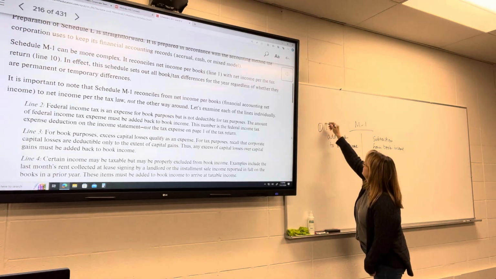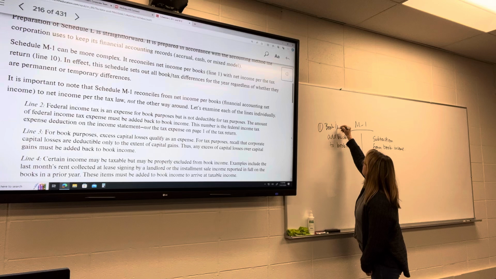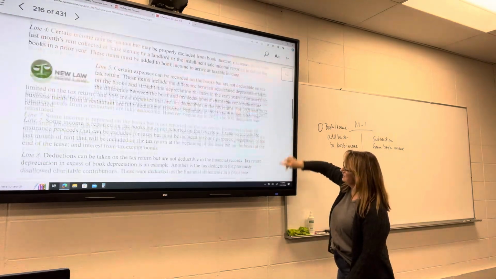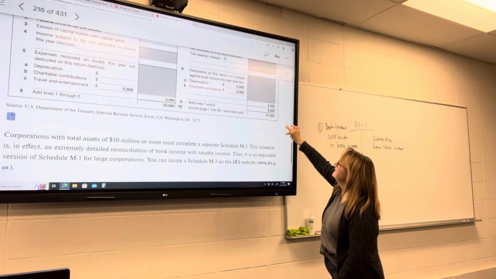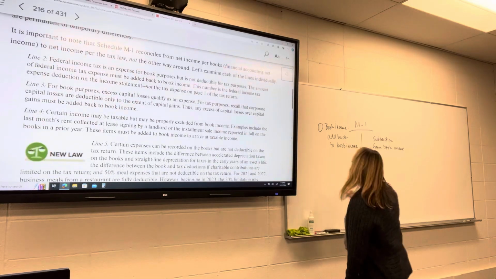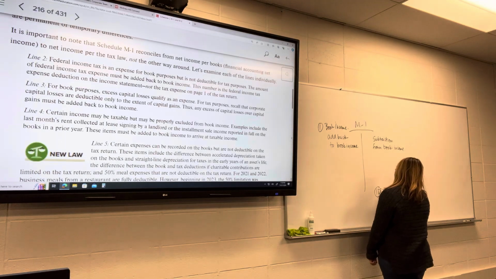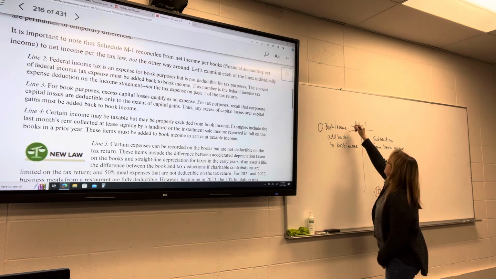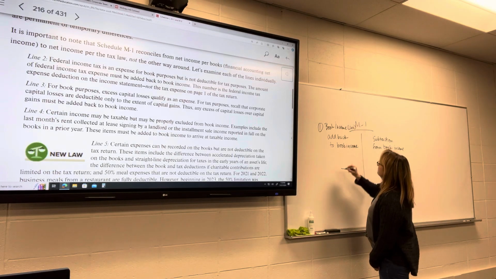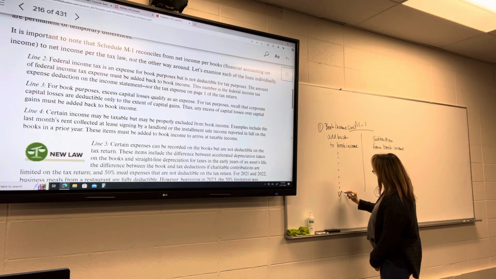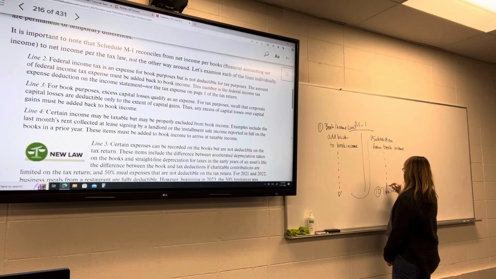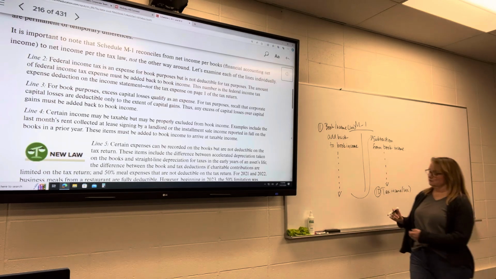Line 1 is our book income. And here, I can't remember what the number of the line is. Is it line 10? Line 10 is our tax income or loss. And this could be a loss. So we work our way down, and then back up to here, and then we work our way down here. So this is the path that we take on the M1.